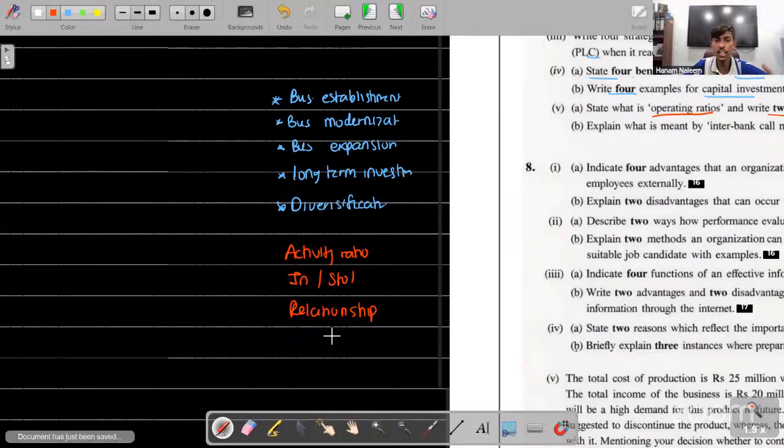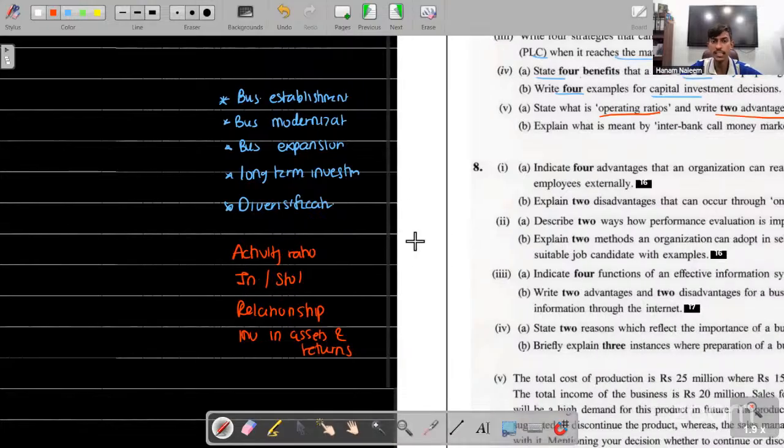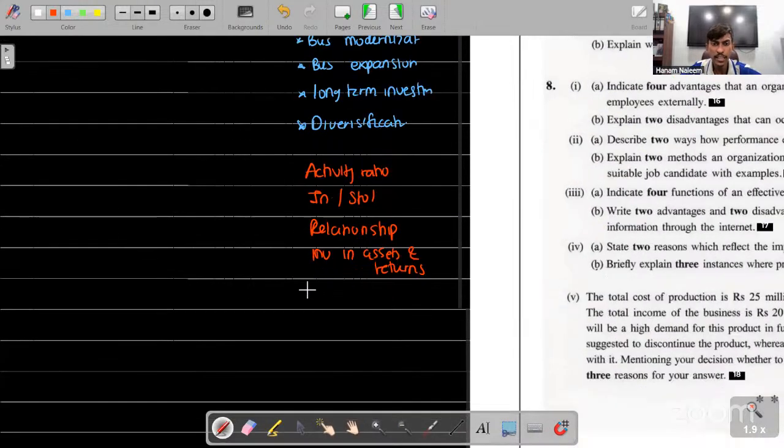It shows the relationship between your investments in assets and the returns you're earning from that. That is what an operating ratio is: how effectively you're using the assets to earn a return. As advantages, you can see how effectively you are investing your assets.